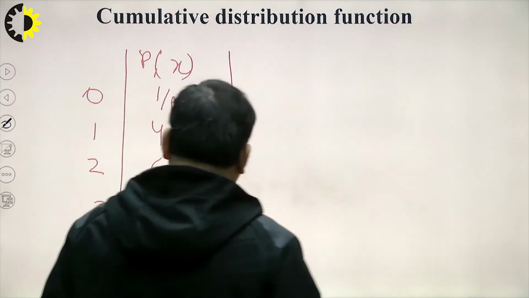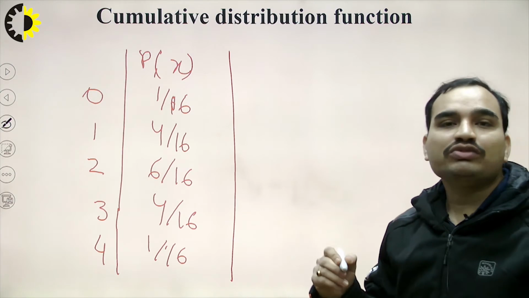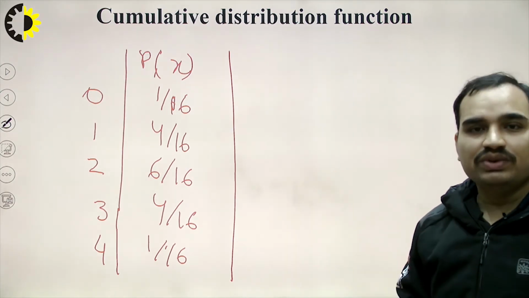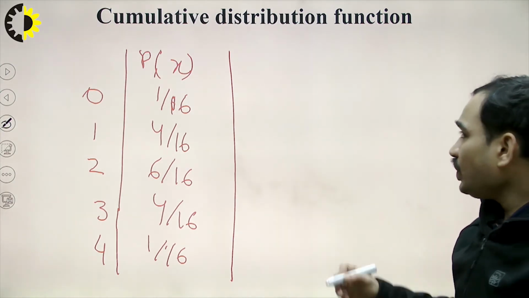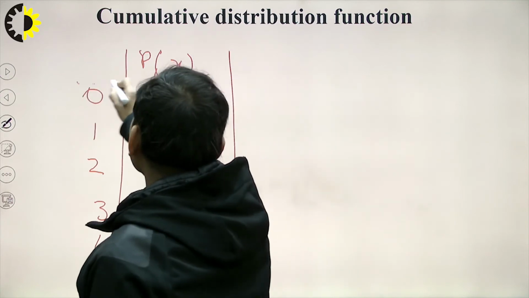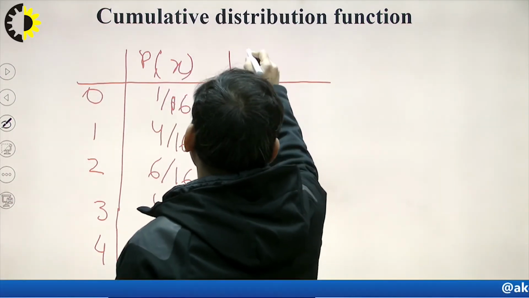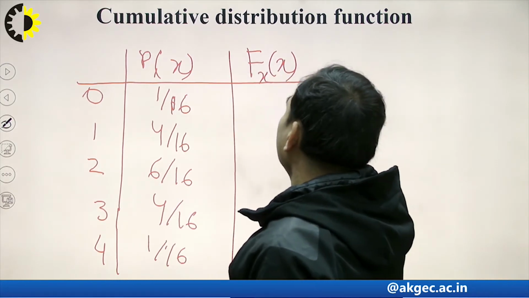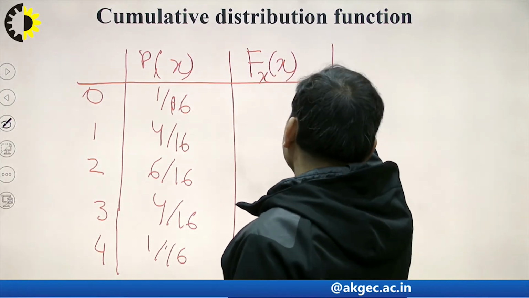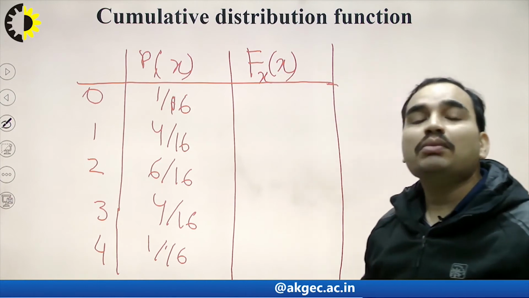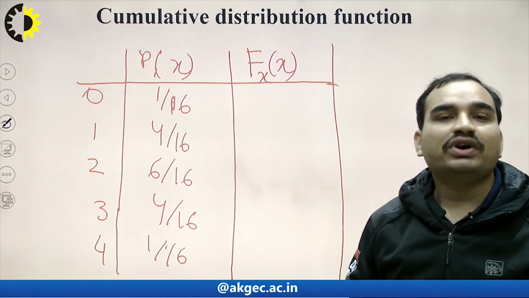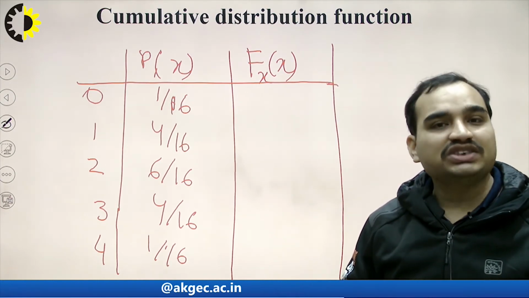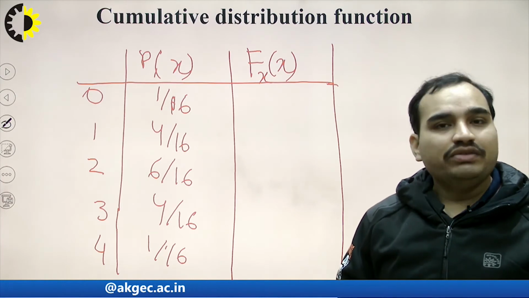Now, how to find the cumulative distribution function, which is the main objective of this numerical. We denote this cumulative distribution function as F of x, with a subscript X, where X is a random variable holding the number of heads for an experiment tossing the coin 4 times.